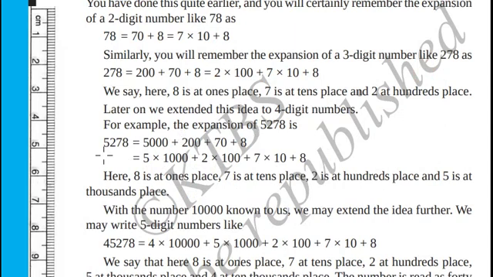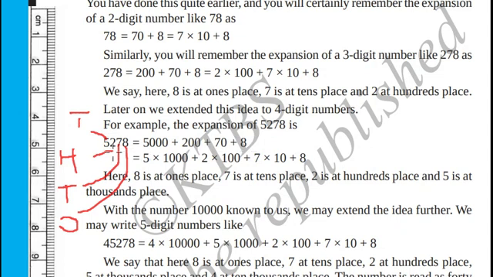Similarly, we can also write 5278. 5 is in the thousands place, 2 is in the hundreds place, 7 is in the tens place, and 8 is in the ones place.